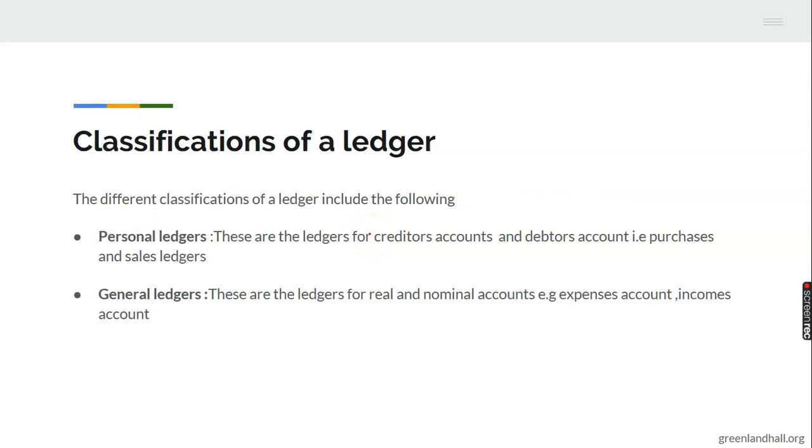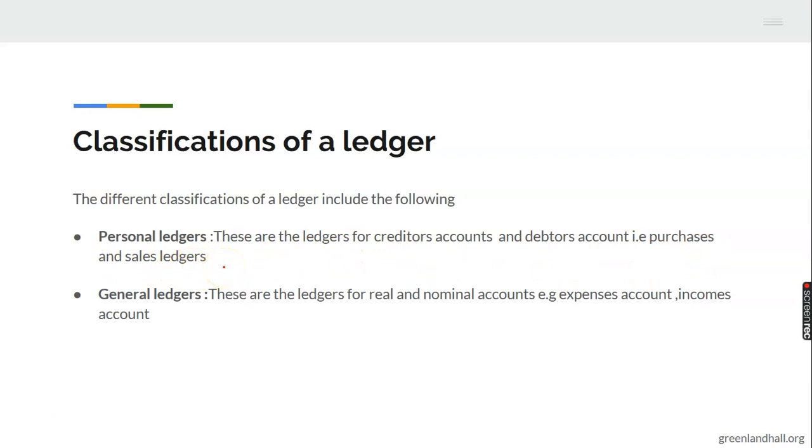What are the various classifications of a ledger? The different classifications of a ledger include the following. 1, personal ledgers. When we say personal ledgers, these are the ledgers for creditors account and debtors account, for example, purchases ledger and the sales ledgers.